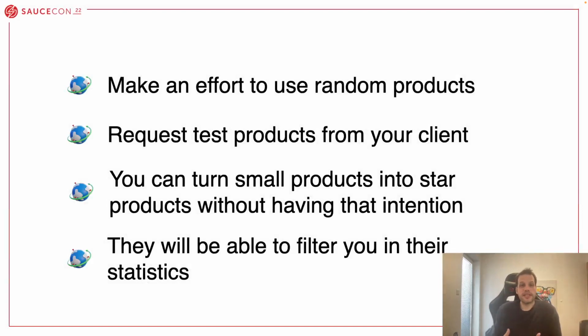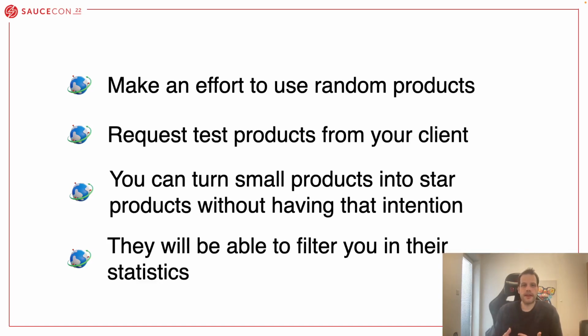In order to avoid this mess, there are several simple solutions that can help us. For example, we could put some effort into developing a service that will return random product URLs to us.